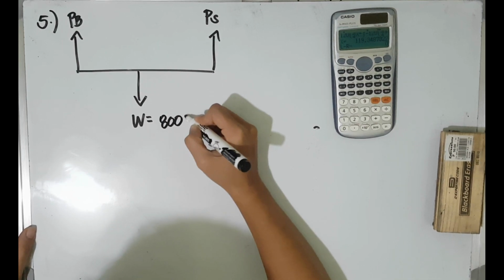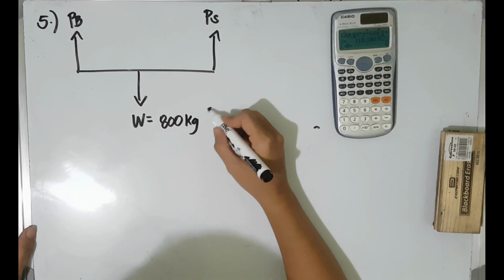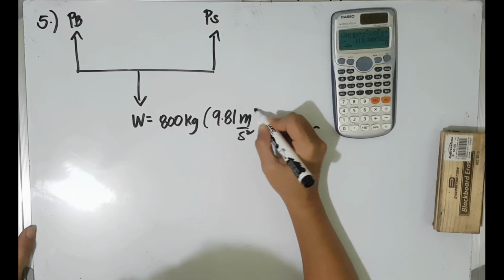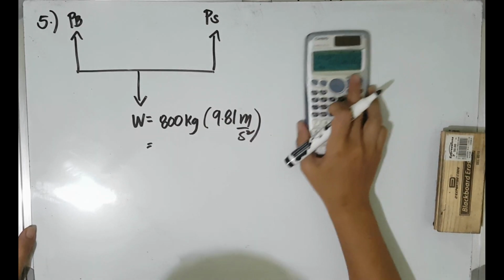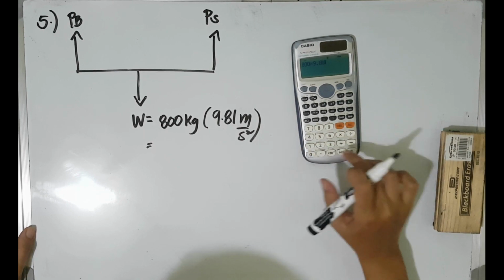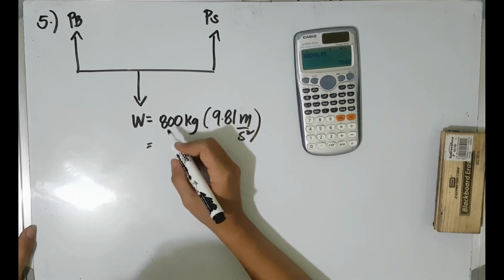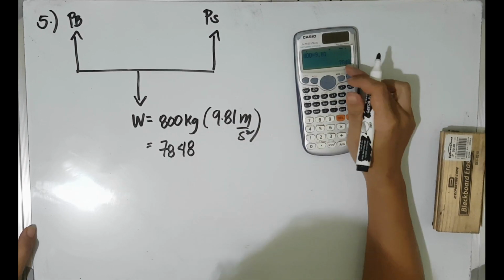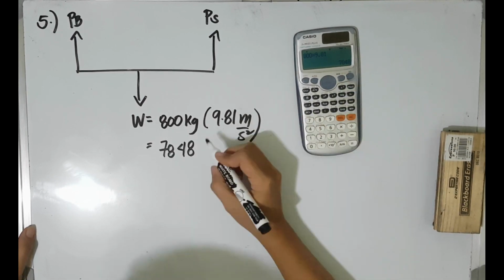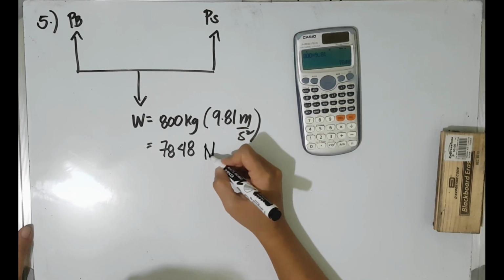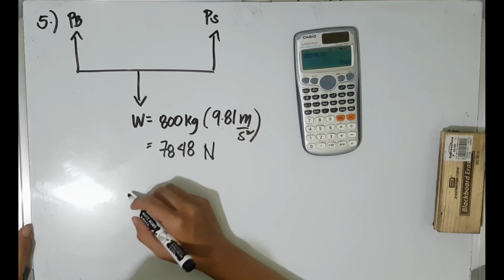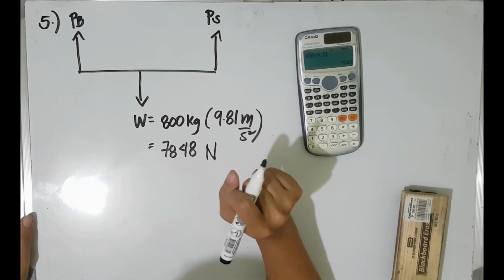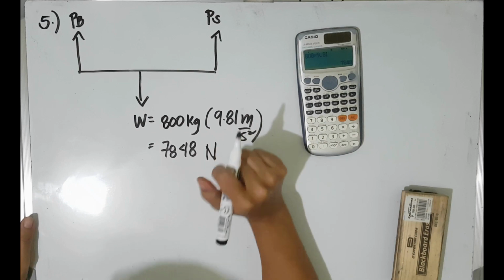located at the ends. So the weight of the bar is 800 kilogram, or the mass of the bar is 800 kilograms. So we will convert it into weight by multiplying it with the gravity, which is 9.81 meter per square seconds. Therefore, the weight of the bar is equal to 7,848 Newton.